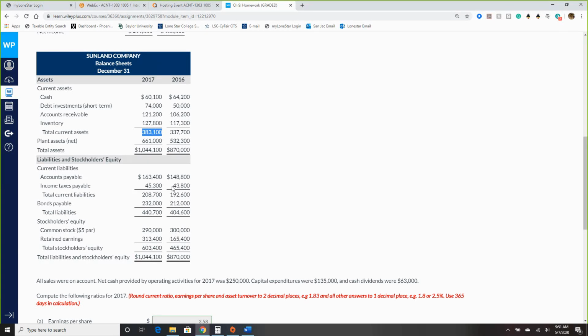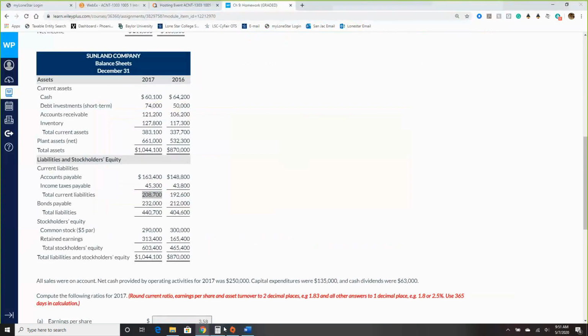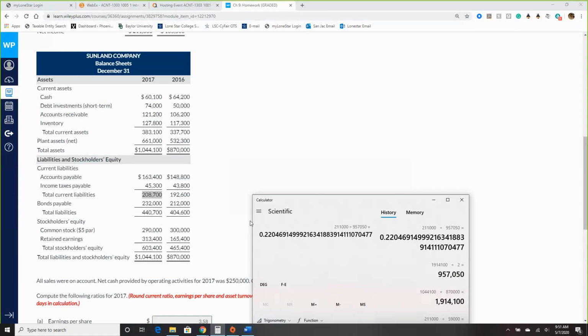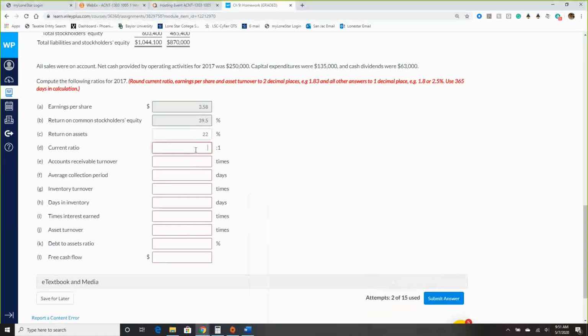Anything less than a year, same thing with current liabilities. So, taking our current assets, divide by current liabilities, 1.8. Like that, they actually give this here.